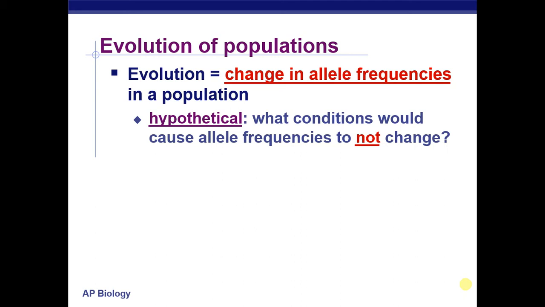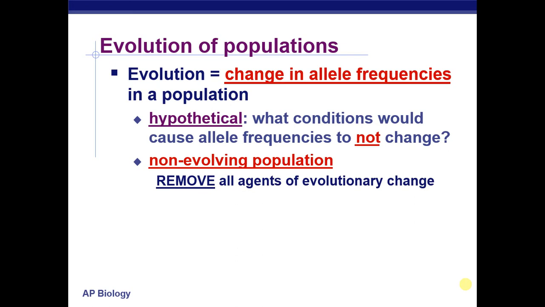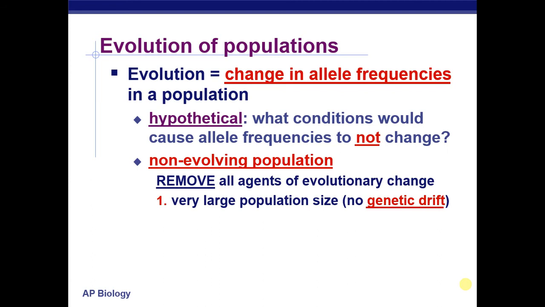So we want to think about what conditions would cause allele frequencies not to change. As generations go on, what would cause those frequencies not to change? For a non-evolving population, we need to remove all of those agents of evolutionary change we talked about last time. We would need a really, really large population size so that genetic drift, those random chance events, doesn't occur. We would need no gene flow, so no organisms are moving in or out of our population.